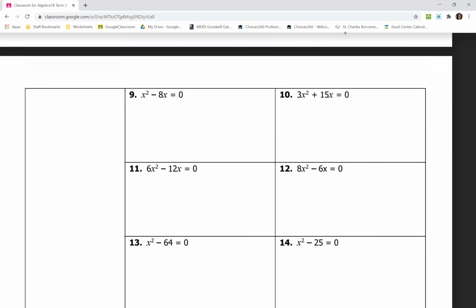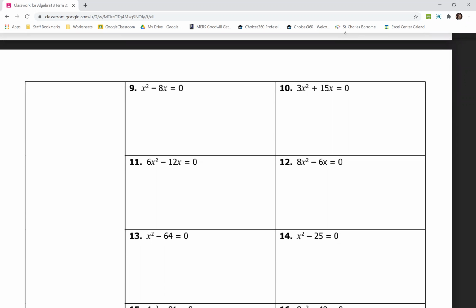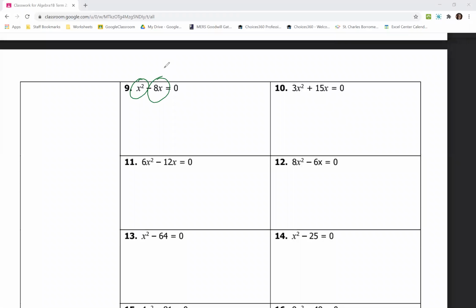One of the things that makes quadratics more difficult to solve than a linear equation is the fact that there are two different terms that involve x's. So it's hard for me to isolate the x, because two different terms that are unlike terms, because they don't have the same exponents, involve an x.